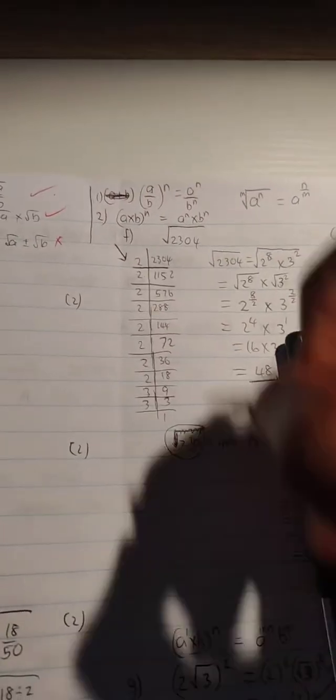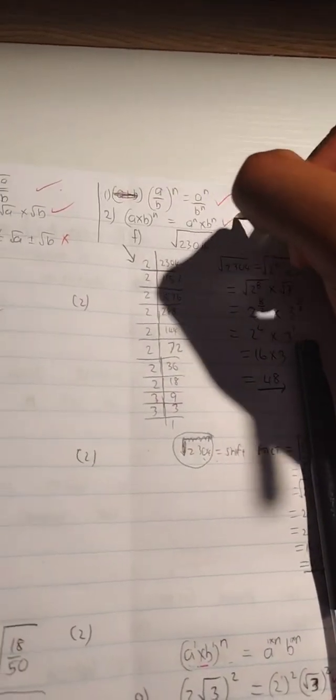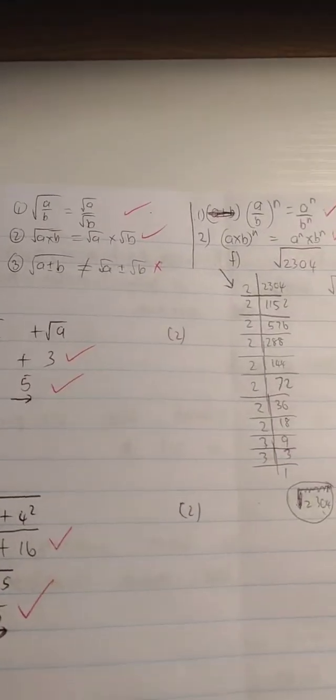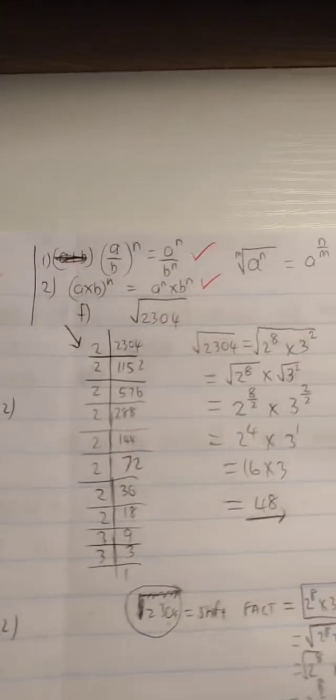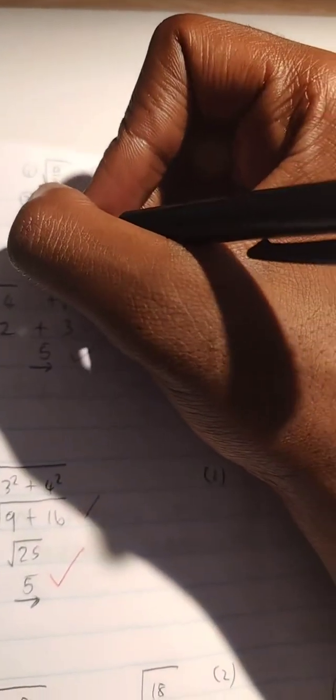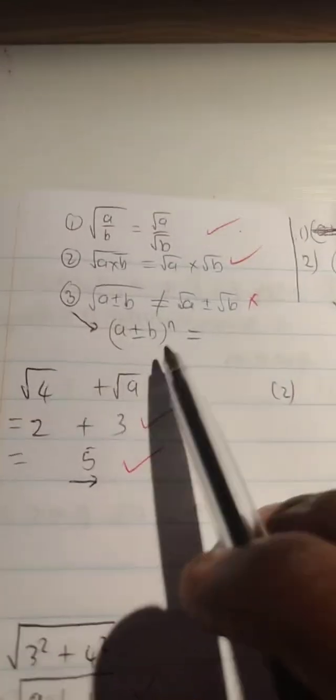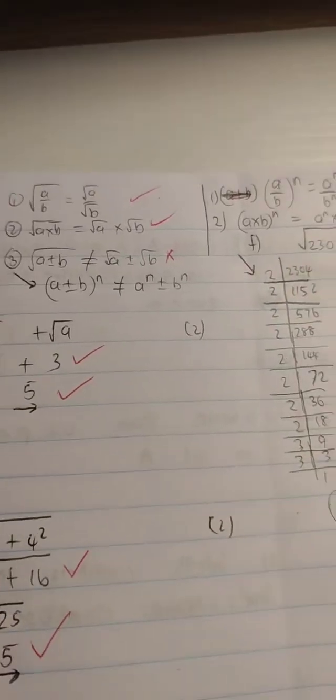So please guys, these are important rules in maths that if overlooked, will lead to your loss of marks. Then, like this law number 3, the minute we have plus and minus and there's an exponent on the outside, we cannot split the exponent.